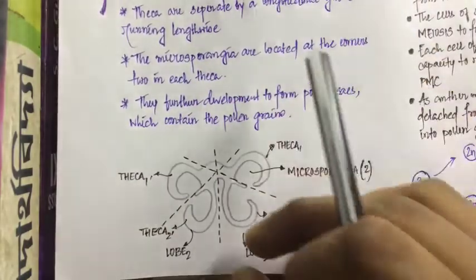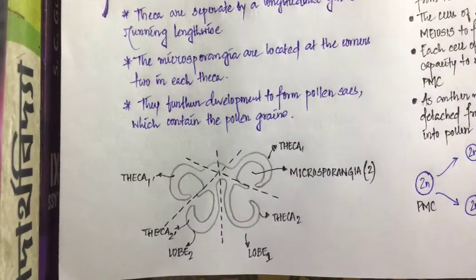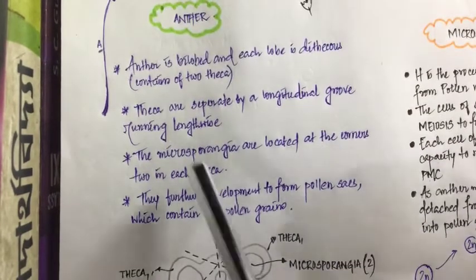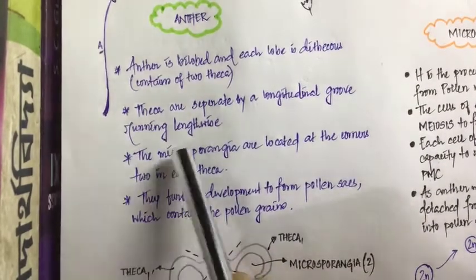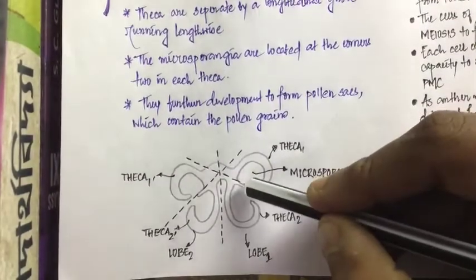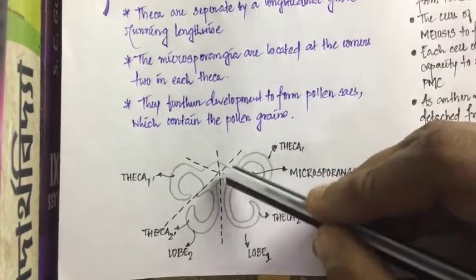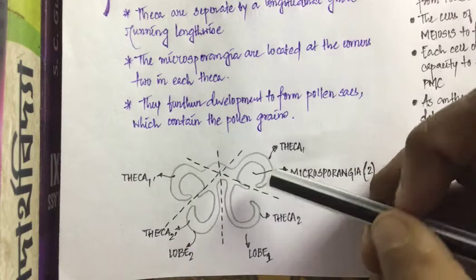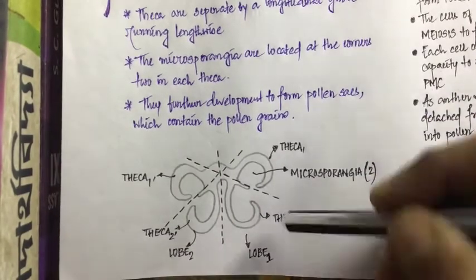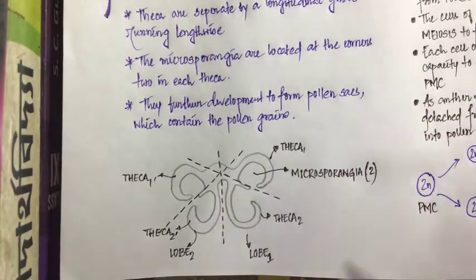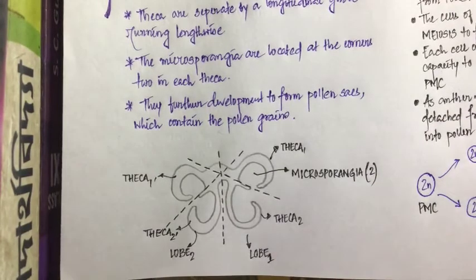This is a single theca, this is another single theca. Clear? The thecas are separated by a longitudinal groove which is running lengthwise. It is separated by a groove-like structure. It is not totally separated. If you see the diagram carefully, there is a gap between them, right? So they are separated from each other by a longitudinal groove which is running in the lengthwise direction.